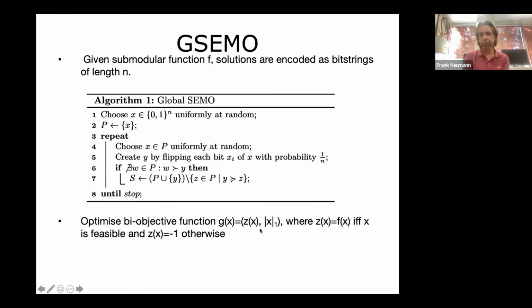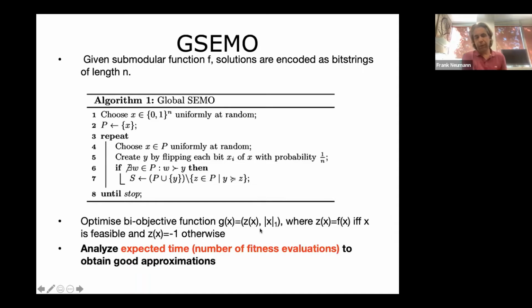And what theory does, when analyzing these algorithms, is essentially analyzing the expected time to obtain good approximations. And time in terms of runtime analysis of evolutionary algorithms is essentially the number of fitness evaluations that you have to do until you've obtained a good approximation.